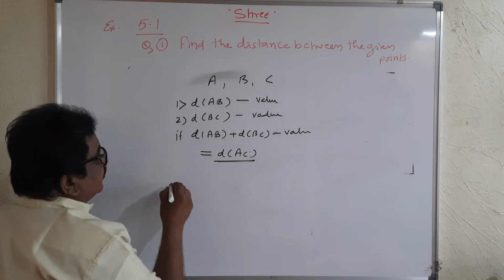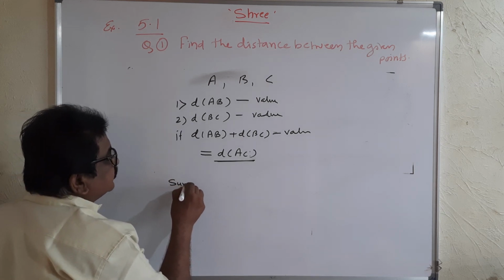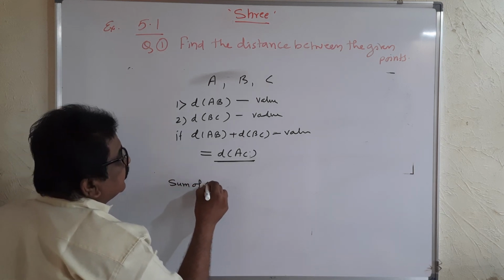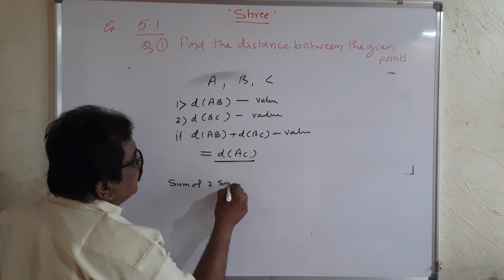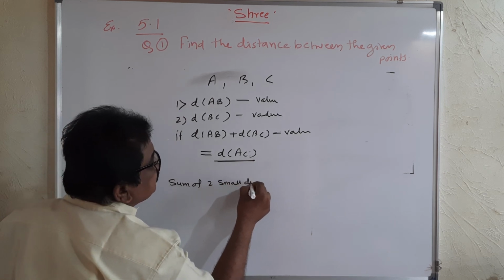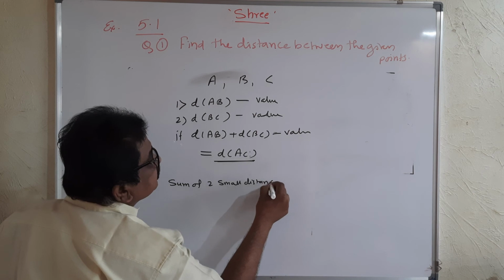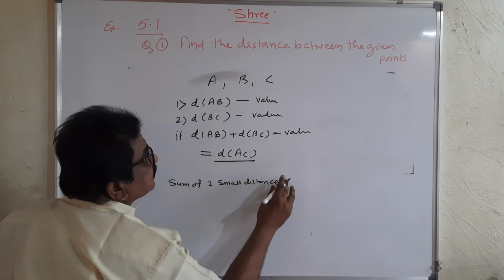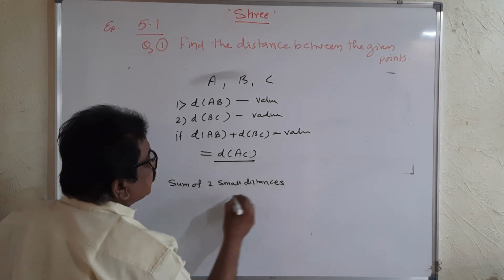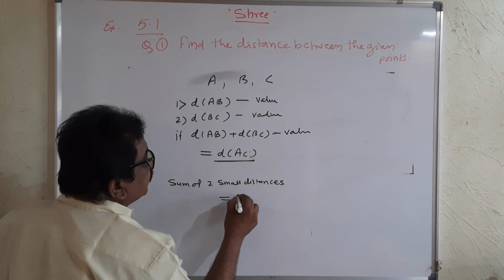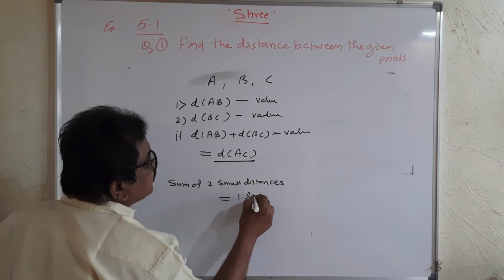In simple words, the sum of two small distances should be equal to one large distance.